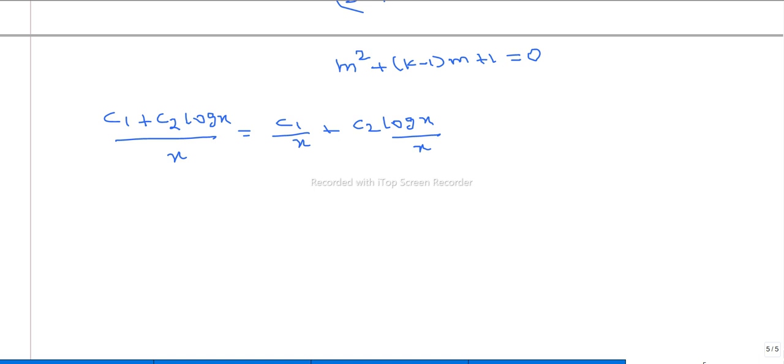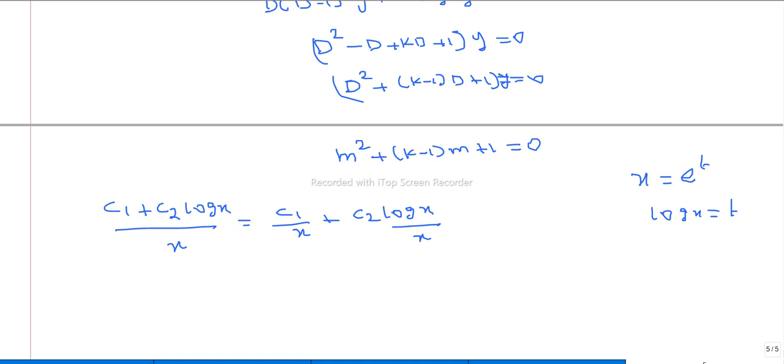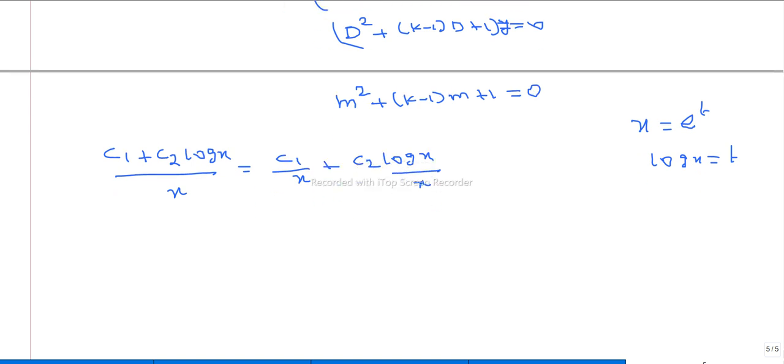If you change this in terms of t, you take the substitution x equal to e power t. Therefore, log x equal to t. I think if you solve this, the solution becomes maybe minus 1 and 3.